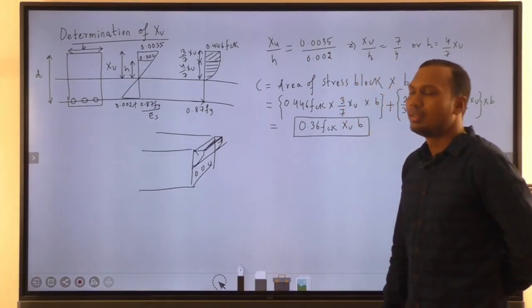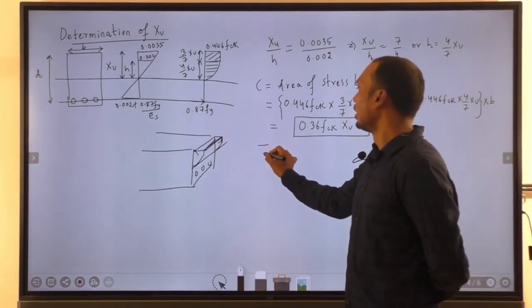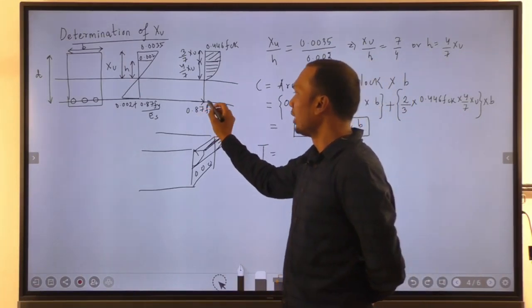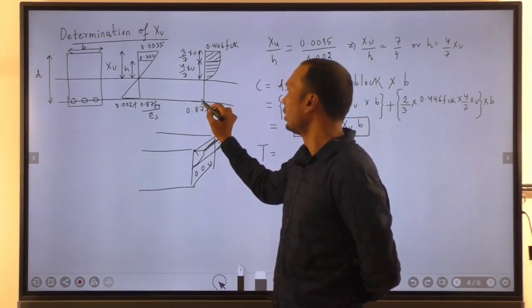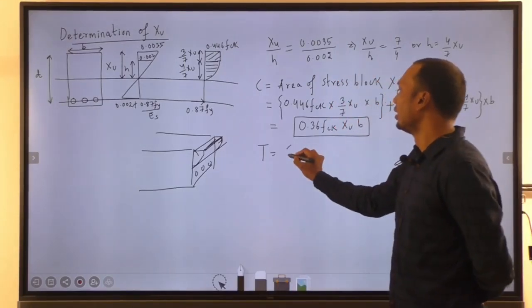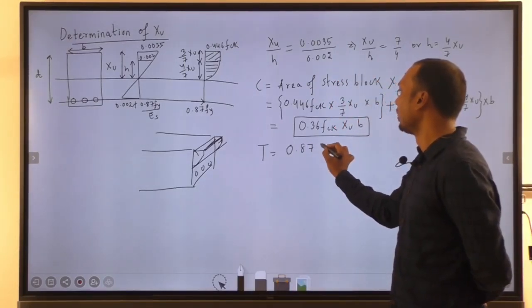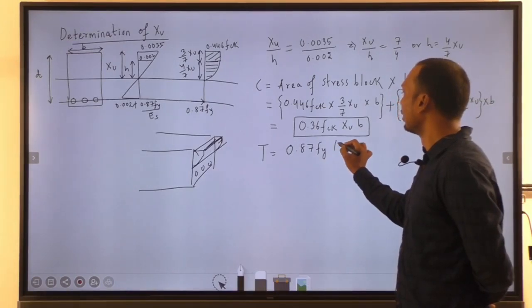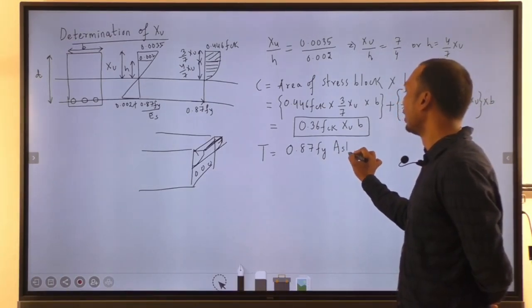Now to get the tensile force, it is very simple. We know the design stress of steel. To this design stress of steel, we need to multiply the area of steel, that is 0.87 fy into Ast.